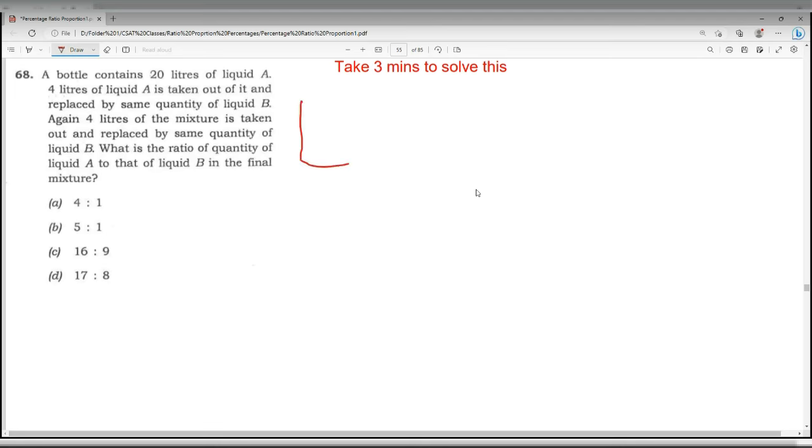So there was this container here that had 20 liters, and that was only A. Now what they did was they removed 4 liters.